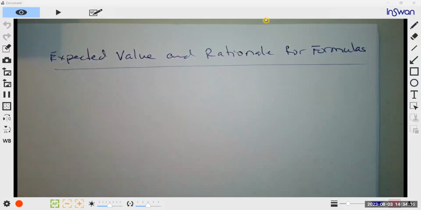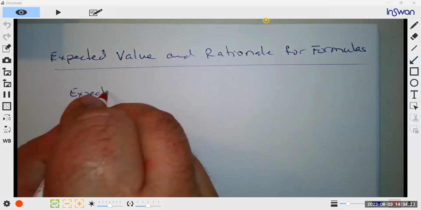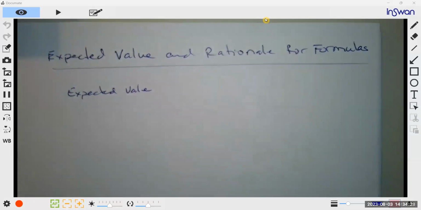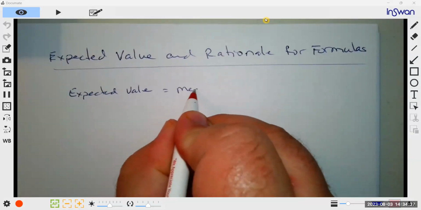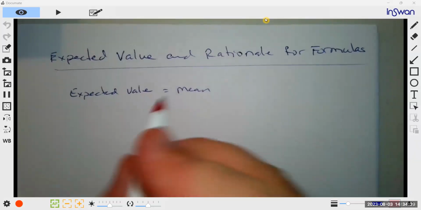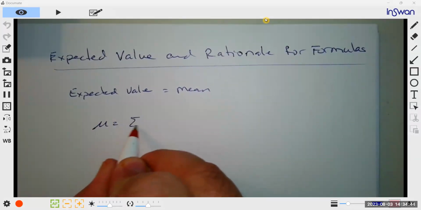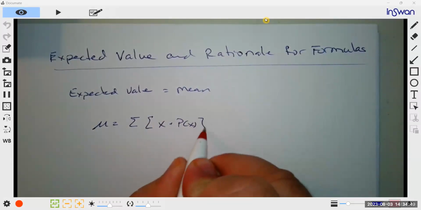Remember, expected value is, since we're dealing with probability distributions here, we're looking at populations. So the expected value is the mean. And the formula for the mean was x times the probability of x.